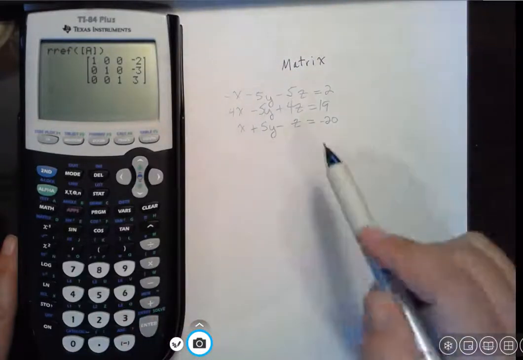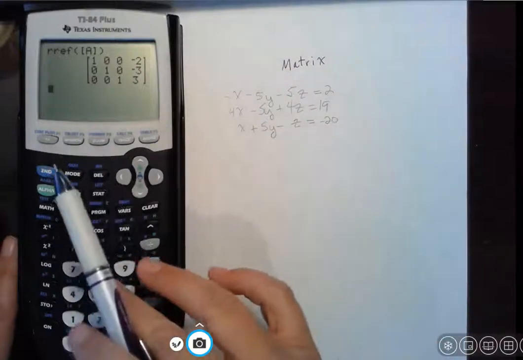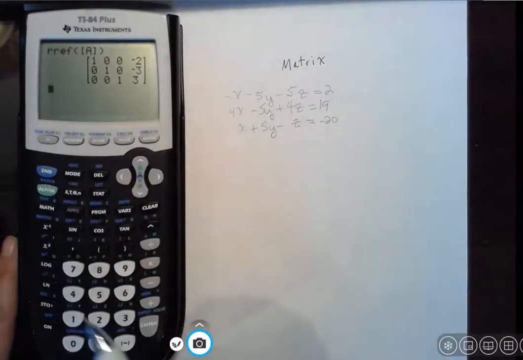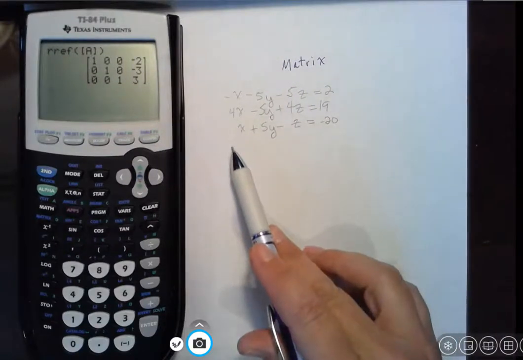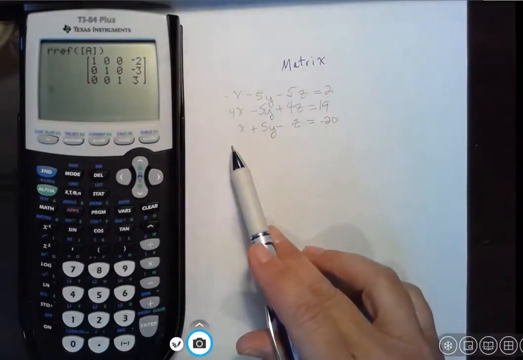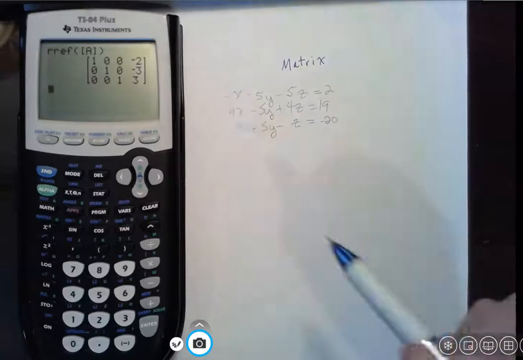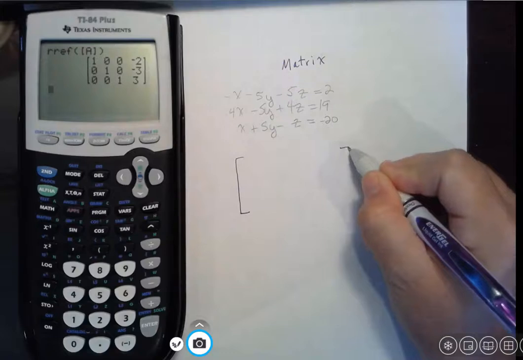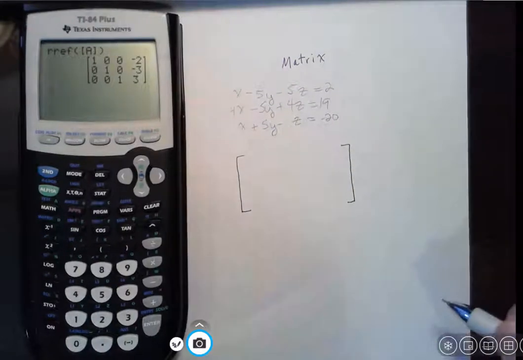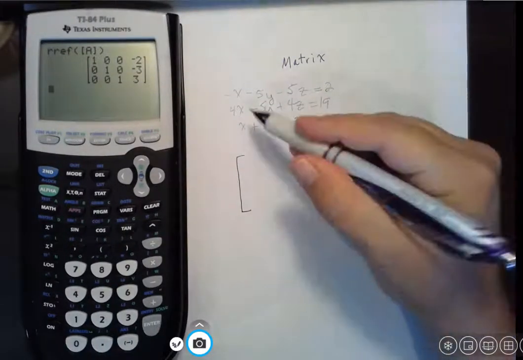Now, in order for us to use the matrix and plug in properly, I need to get these three linear equations into a matrix, and it's really simple. We're going to create a matrix here, and we're going to take all the coefficients.